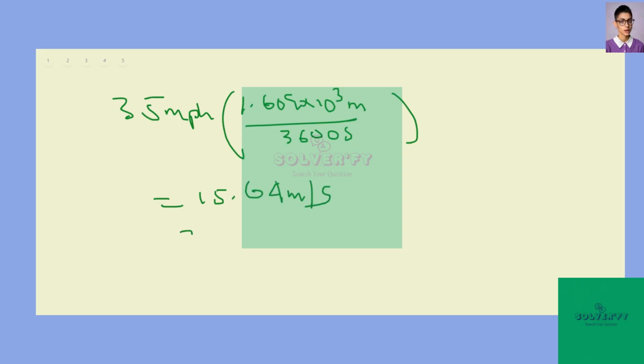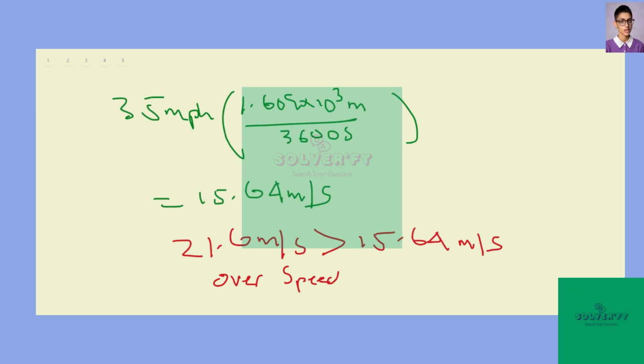And you can see our speed of 21.6 meters per second is greater than 15.64 meters per second. So it's over the speed limit by approximately 6 meters per second.